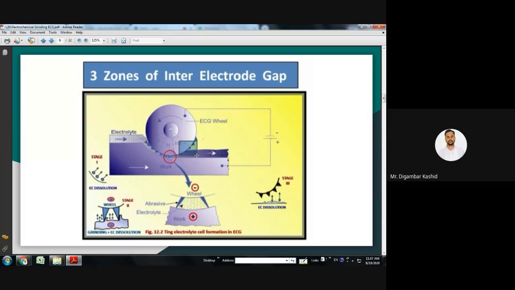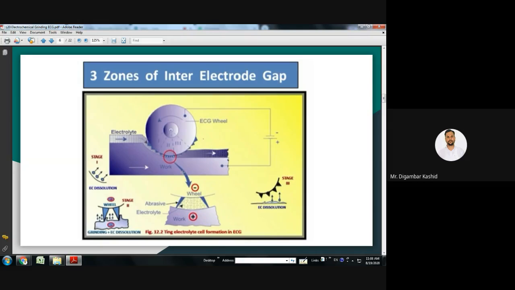So in zone 3 also there is no physical contact of the abrasive particles. No mechanical abrasion will take place, so only electrochemical grinding, or anodic dissolution, or electrochemical dissolution will be the action for material removal in stage number 3.